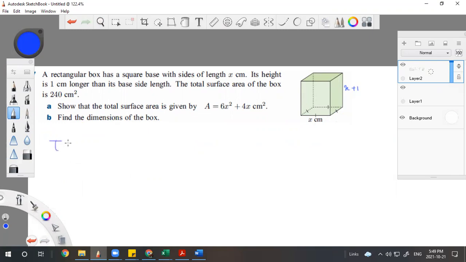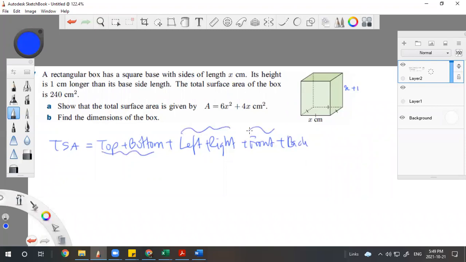Remember, the total surface area is the total of the surface of top, bottom, left, right, front, back, right? For this rectangular prism, top and bottom are equal, left and right are equal, front and back are equal.